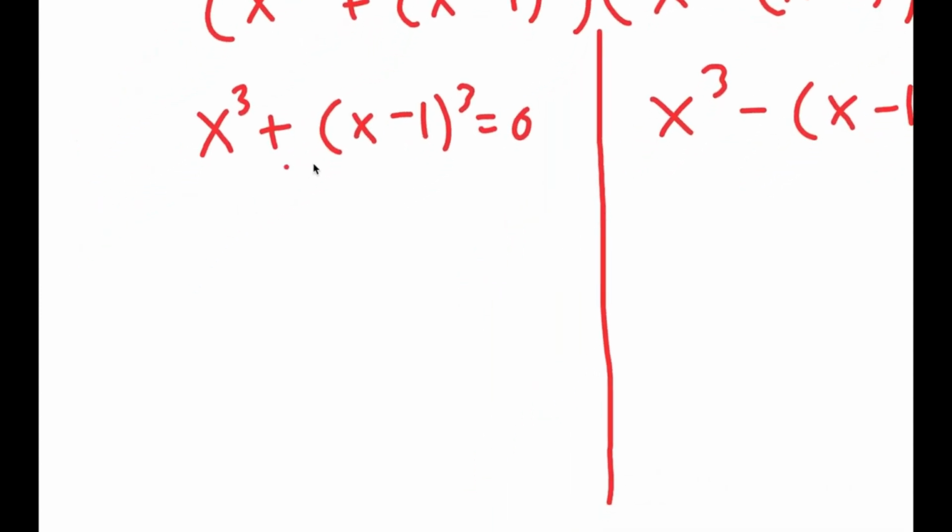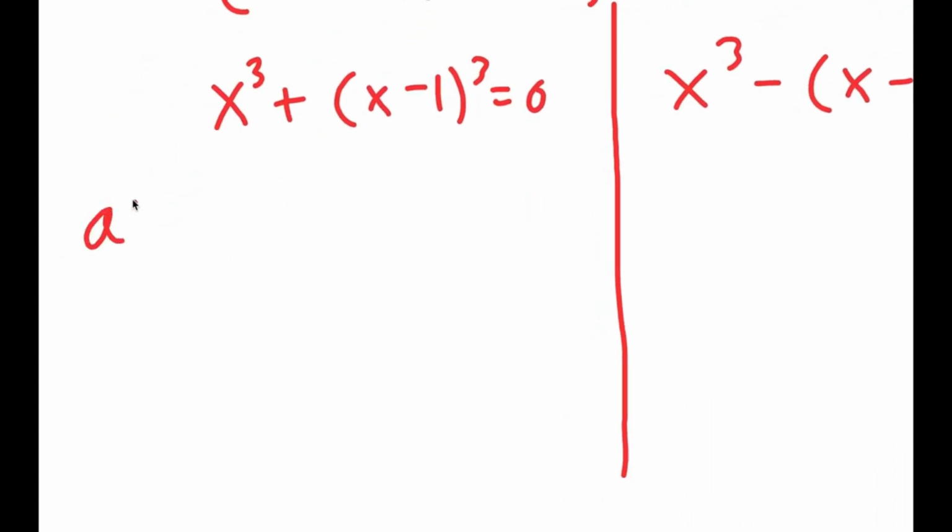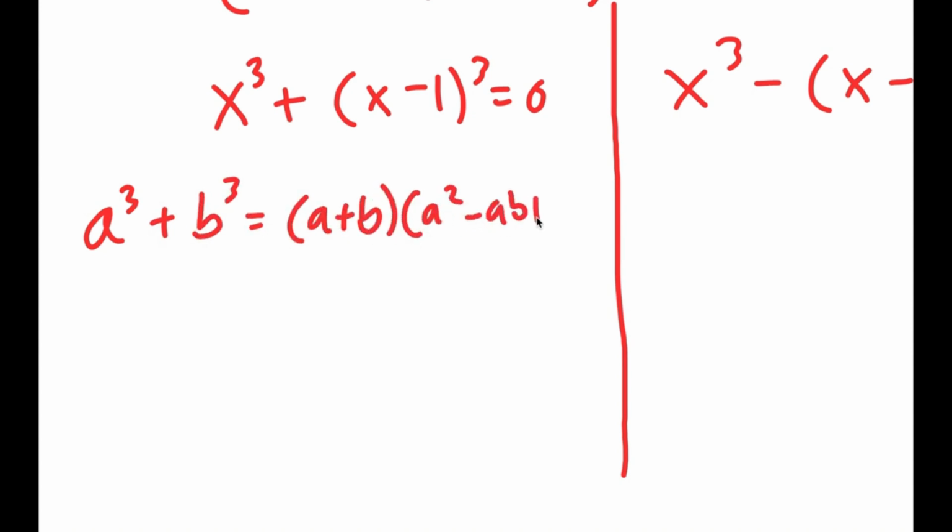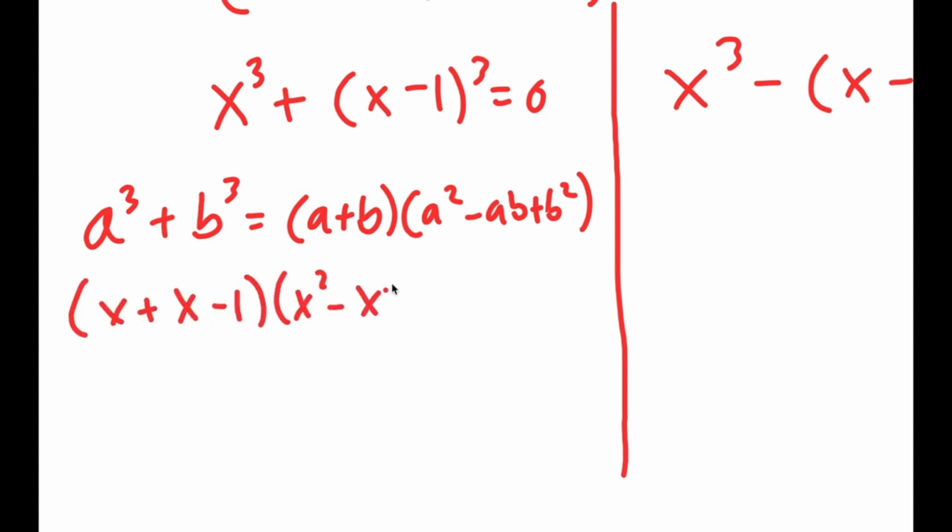So to solve for my left side equation, if I have something in the form a to the power of 3 plus b to the power of 3, this is equal to a plus b times a squared minus ab plus b squared. So in this case, I have x plus x minus 1 times x squared minus x times x minus 1 plus x minus 1 squared.